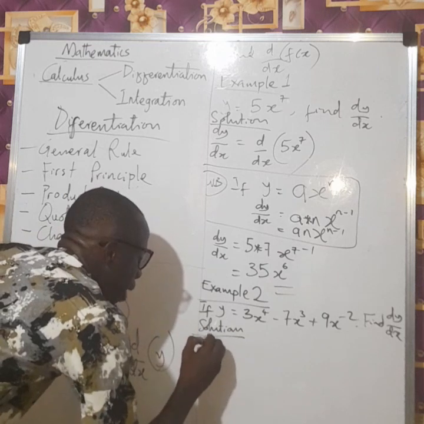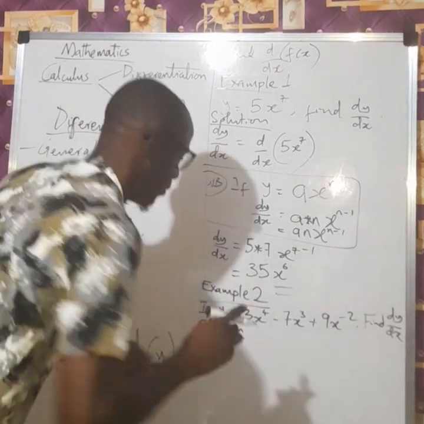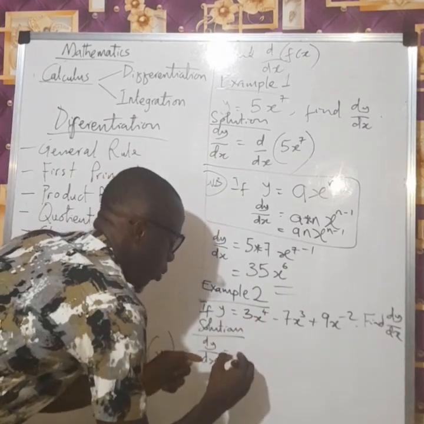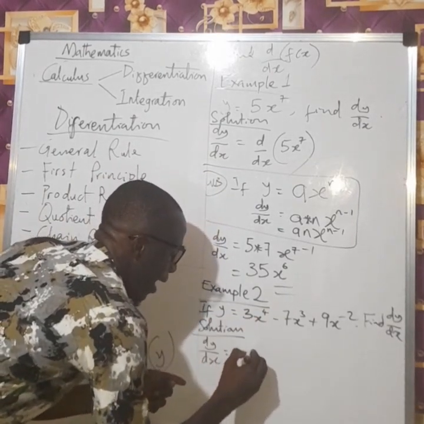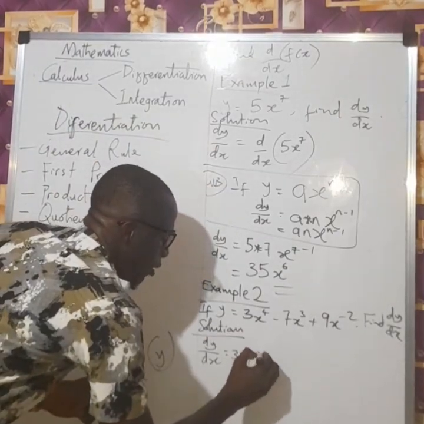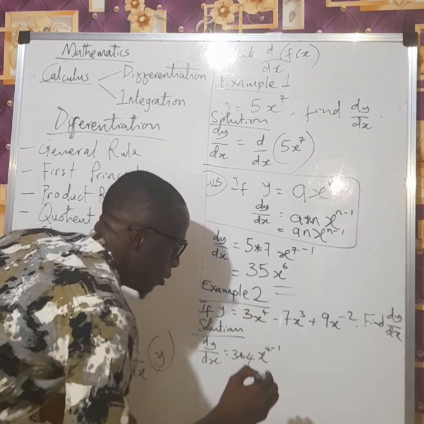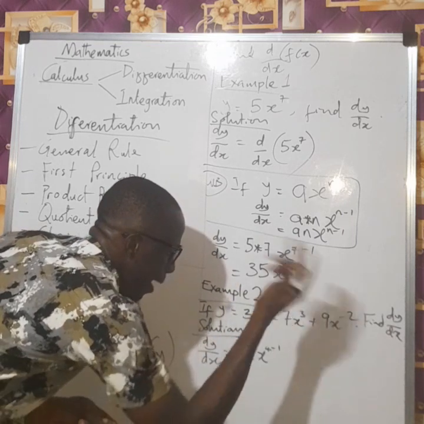Solution: dy dx equals, listen, this times this, that is 3 times 4, then x raised to power 4 minus 1.